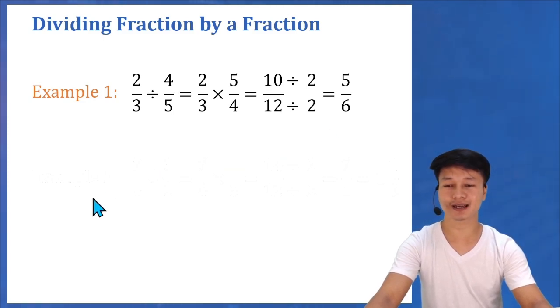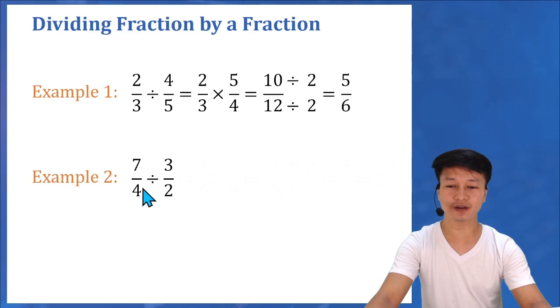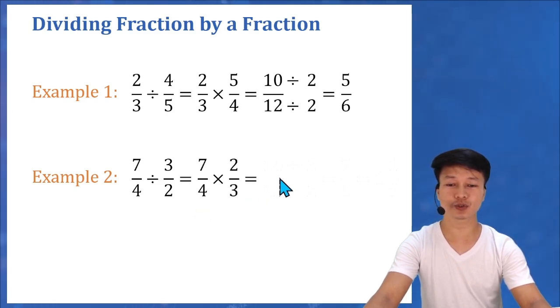Okay, let's take example number 2. We have 7/4 divided by 3/2. Again, we are going to multiply the first fraction 7/4 by the reciprocal of the second fraction, 3/2, which becomes 2/3. That is equal to 7 times 2 is 14 over 4 times 3 is 12.